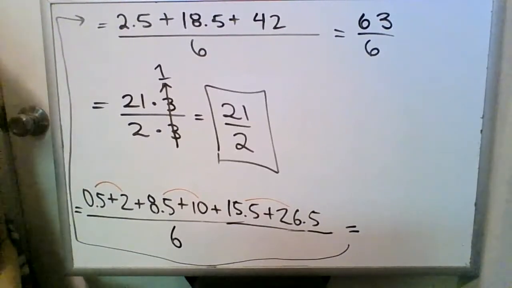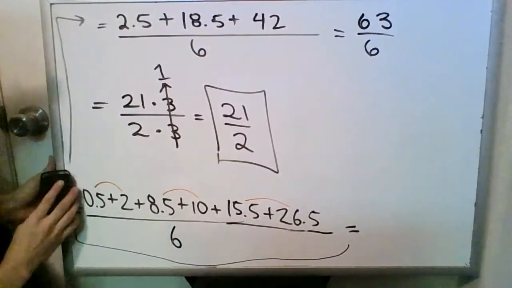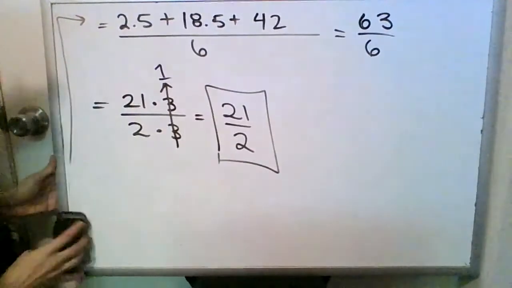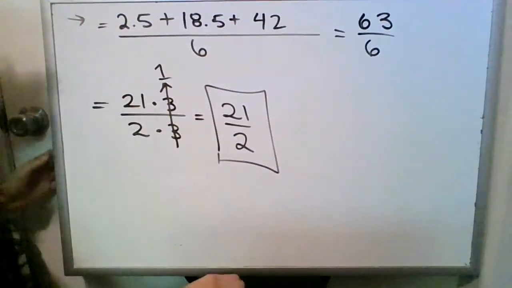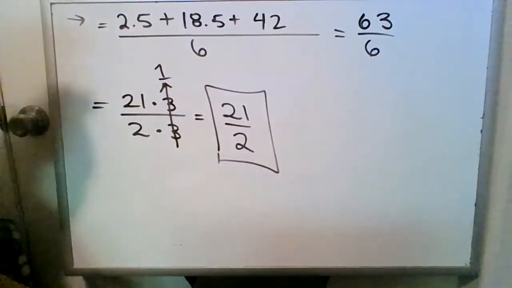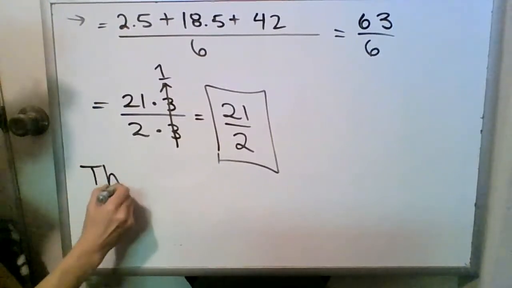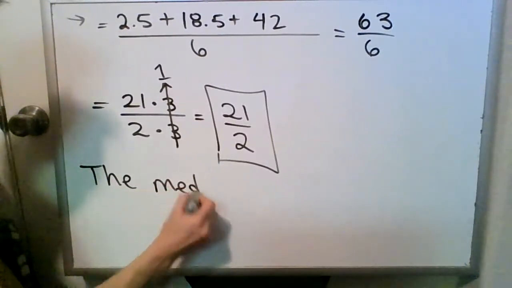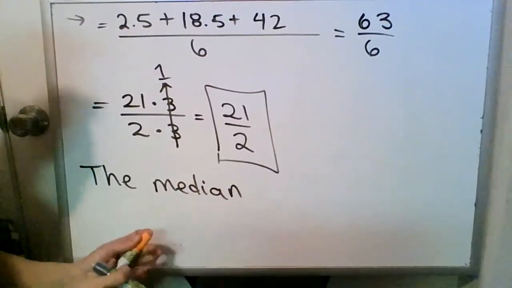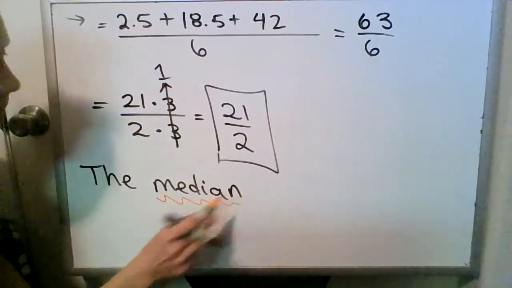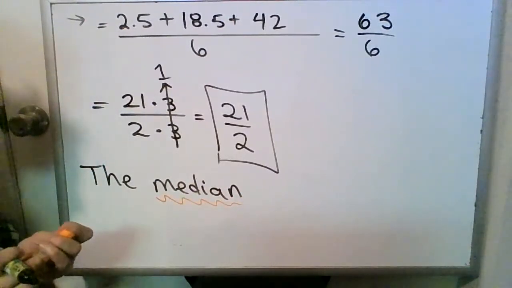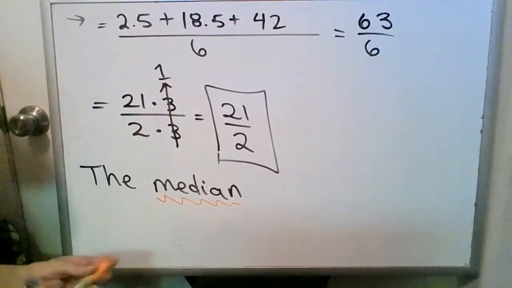Okay. We're at the median of a set. It's the value in the middle of your list after putting your list in increasing order.